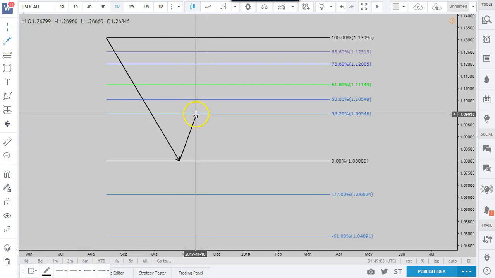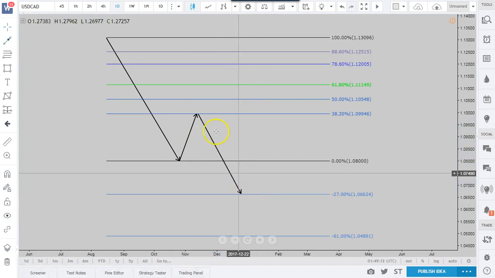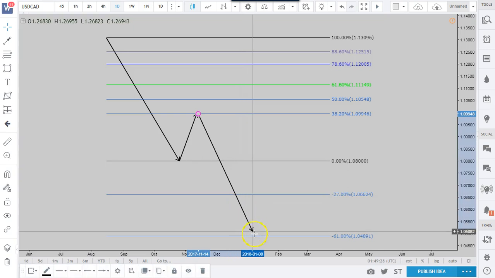So if it happens that way, then we are looking to go short to the extension level of our first target. So when you go short from here, your target should be at the first target, which is the minus 27.00% extension level, and then you close some orders and let the other ones ride to your second target. So that's that.